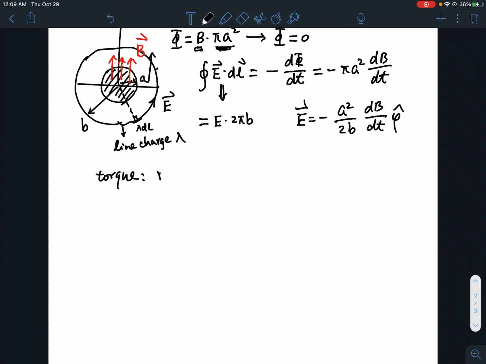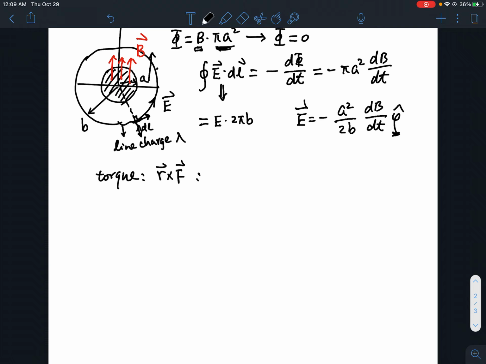This is r cross F. Because r is pointing outward, and F is just qE, lambda dl times E, it points along the phi hat direction. So you can see that the torque direction is also pointing in the positive z direction.